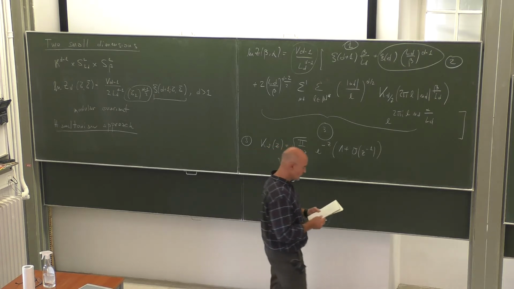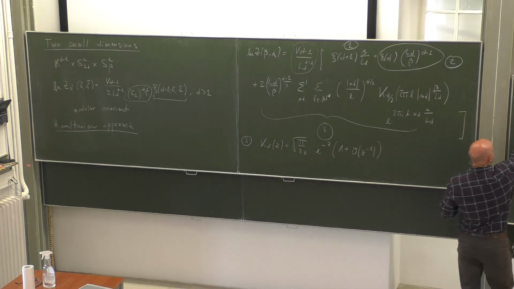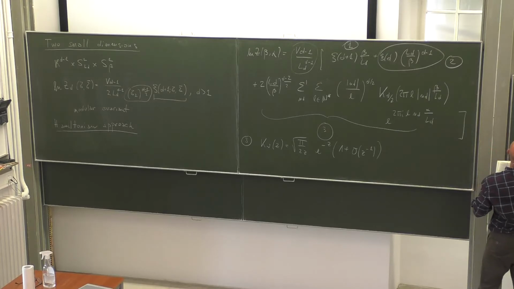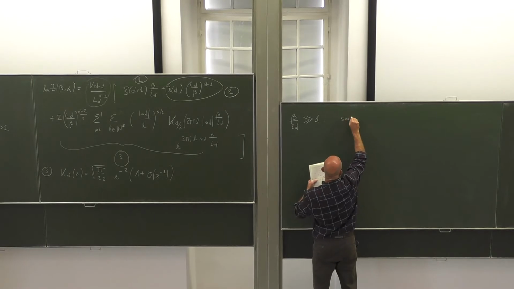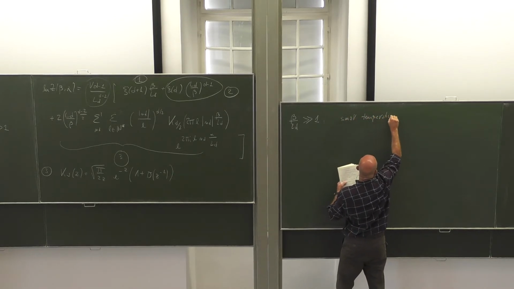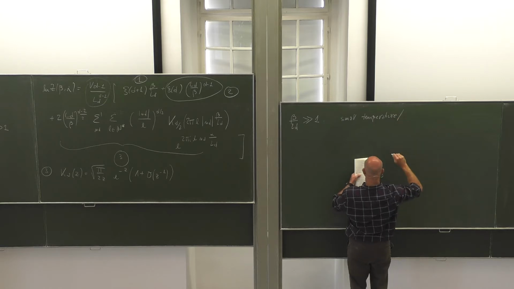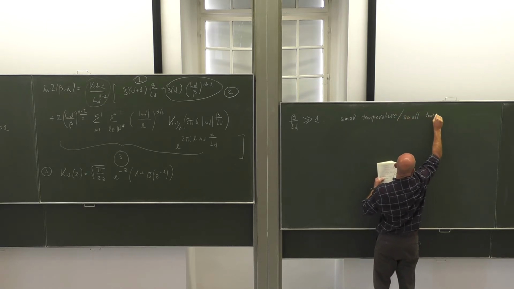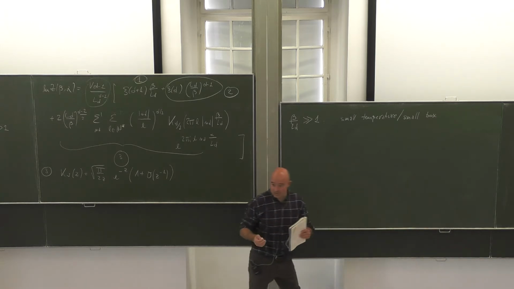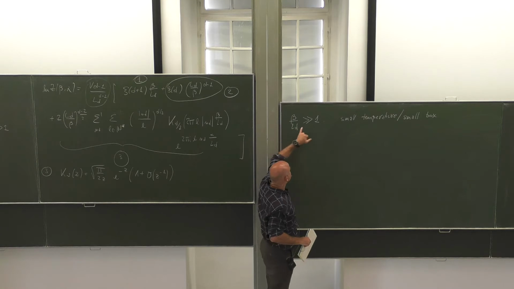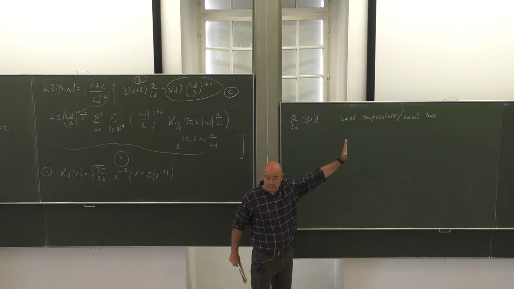Okay, so beta over L_d much bigger than 1 means small temperature, slash small box. And this is where quantum effects are very strong. And usually the other limit, beta over L_d very small, is the classical limit, right?